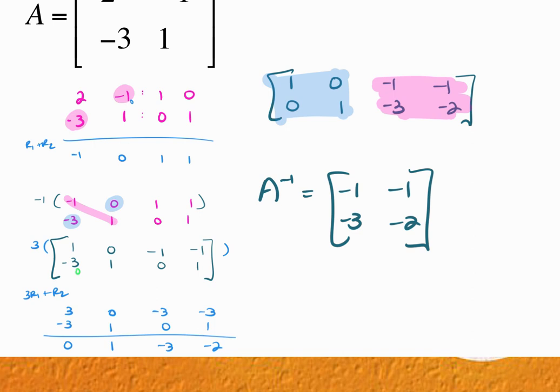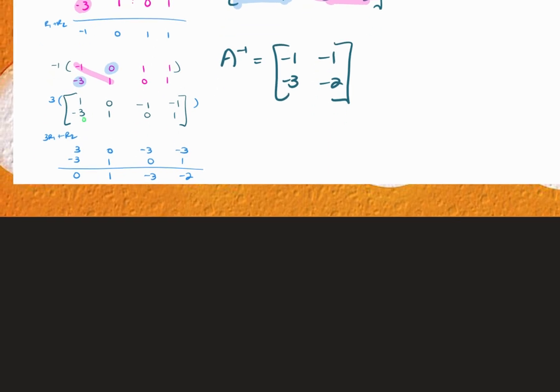So again, I'm going to show you a shortcut, and then I would never go back to this method. But this method is the only method that works on a 3 by 3. So if you get a 3 by 3 and it says find the inverse, then you have to do it this way. It would be like 1, 2, 3, 4, 5, 6, 7, 8, 9 on this side, and then on the other side 1, 0, 0, 0, 1, 0, 0, 0, 1.